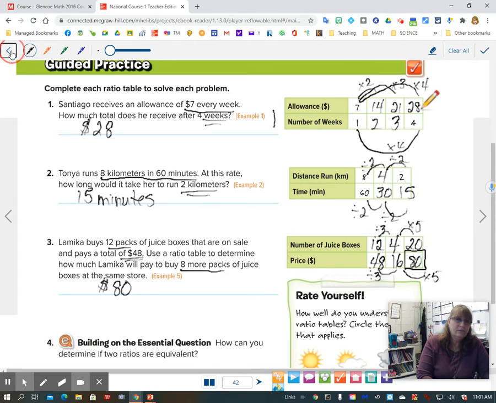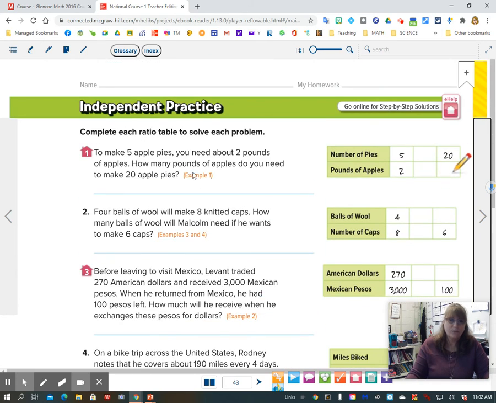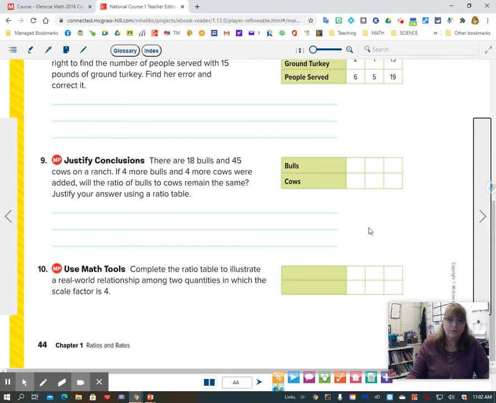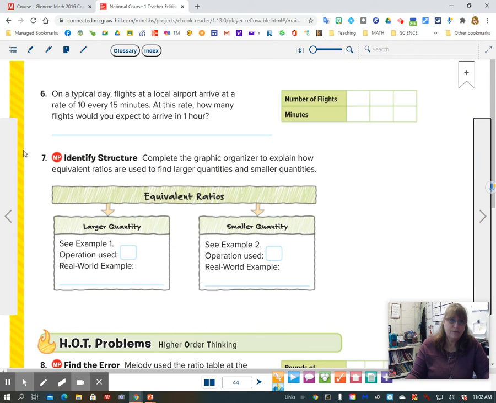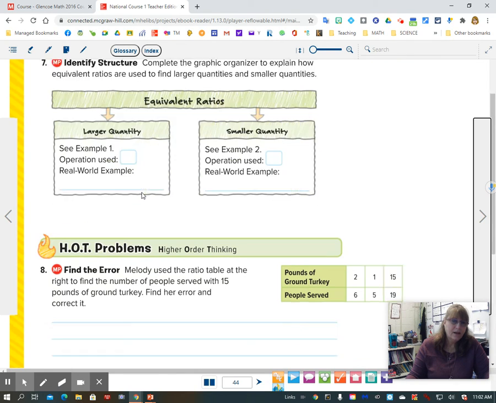All right, now your homework is going to be page 43, all of this: 1, 2, 3, 4, 5, A, B, and C. And page 44, just the top, number 6. You don't have to do number 7, so you can cross that out.